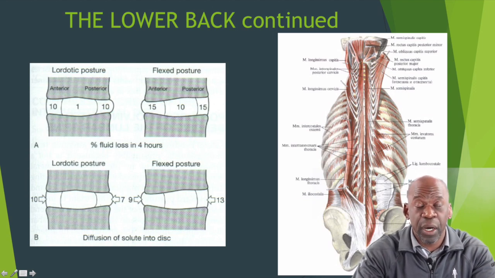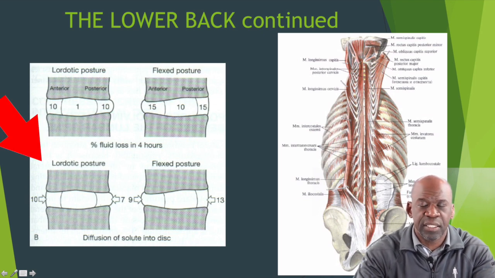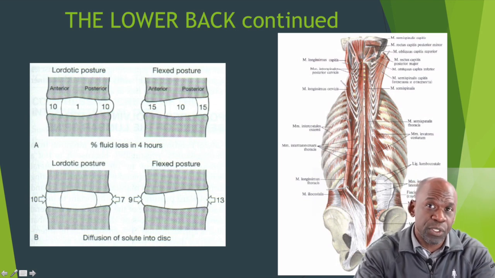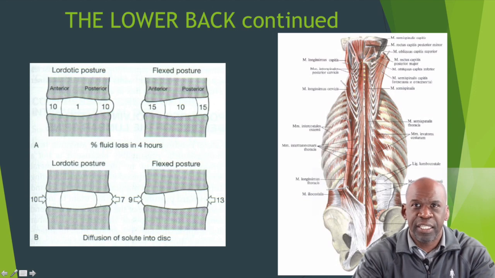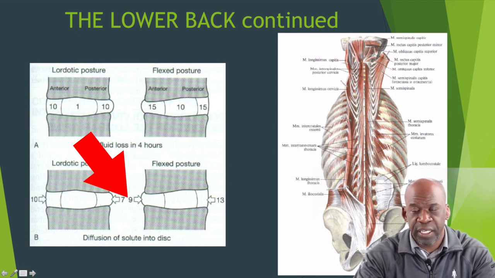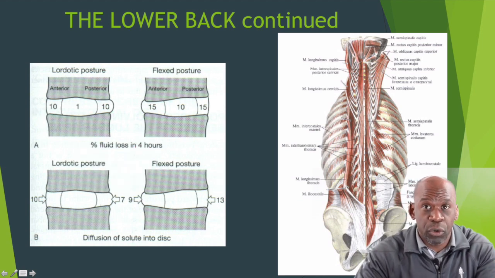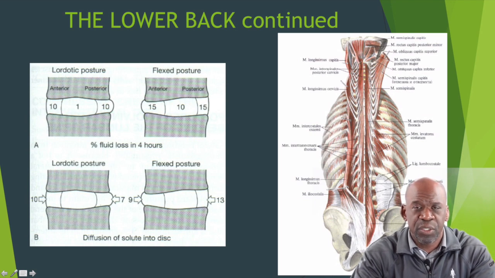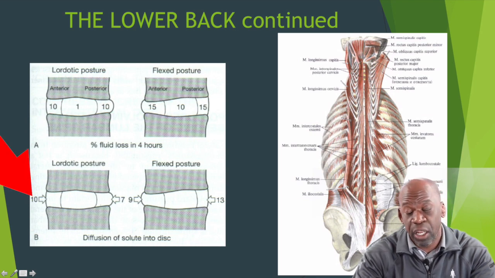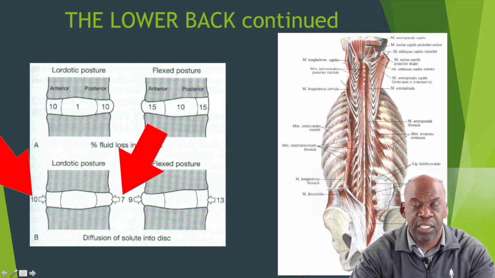In the bottom of the pictogram, we can also see that during that same time frame, the amount of solute that is able to diffuse back into the disc is quite different when you compare the lordotic versus the flexed posture. And we can see that with the normal or lordotic posture of the lumbar spine, the solutes are more readily able to diffuse back into the disc, and the amount that is able to diffuse into the disc on the front and on the rear, or the anterior and posterior sides of the disc, is more symmetrical.